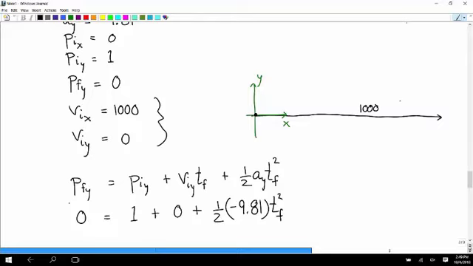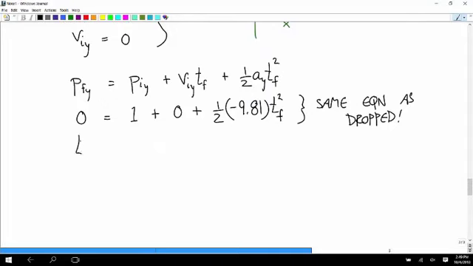If you have the same equation, you're going to get the same time. So time final is equal to positive 0.455 seconds.